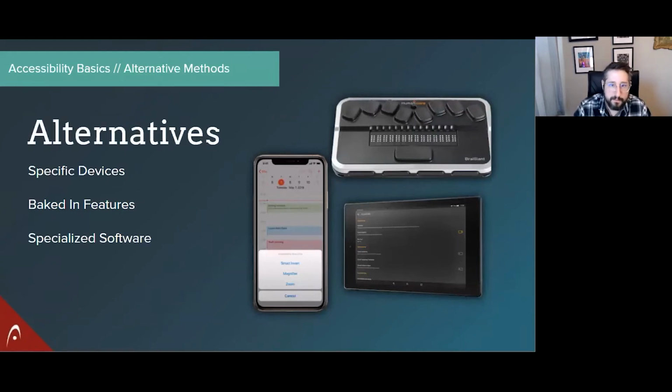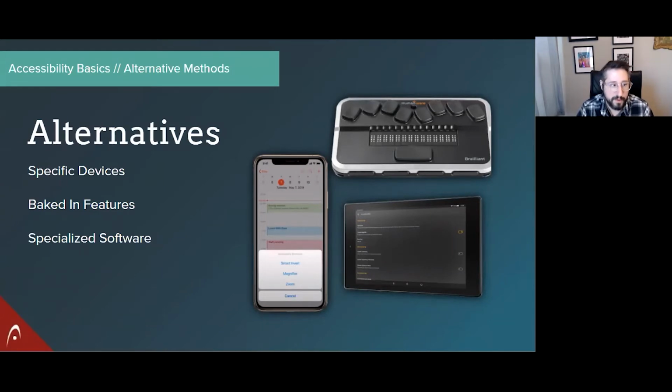And when we're talking about accessibility and the different ways you have to build your online things to work, we're really talking about accommodating for these alternative systems that people may use. So there are very specific devices. For instance, in this picture, there's a device that converts text to Braille.